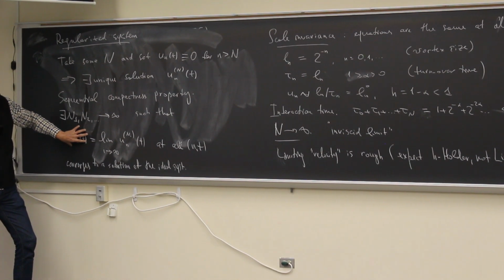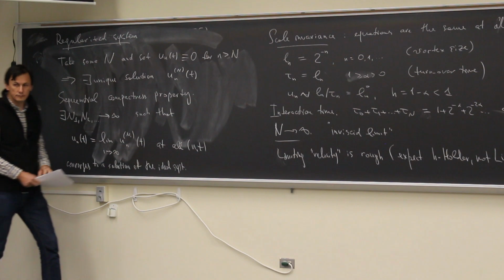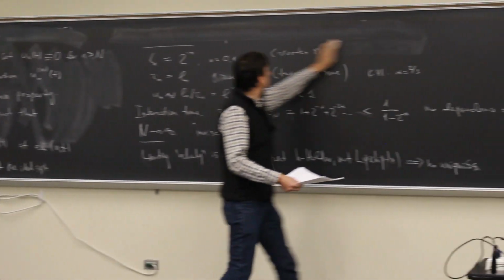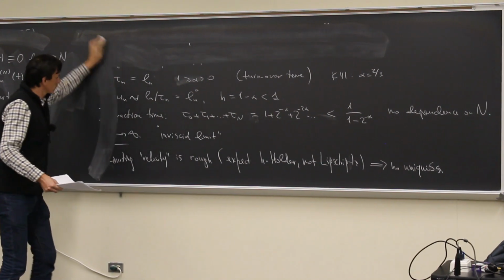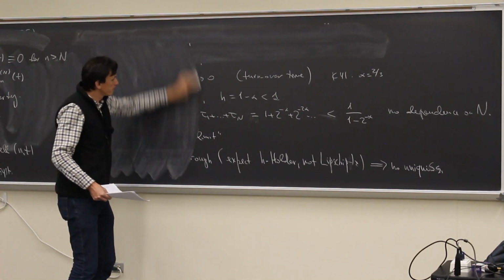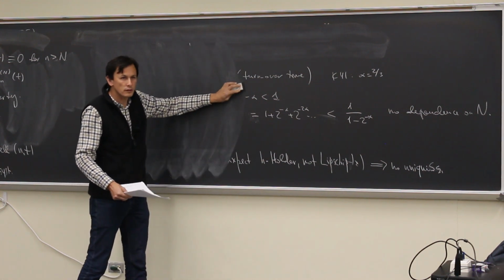You're saying there's a subset of solutions that are zero below a certain level. If you look at the set of all such things, that's sequentially compact. Yeah, that's the statement. Is it clear?